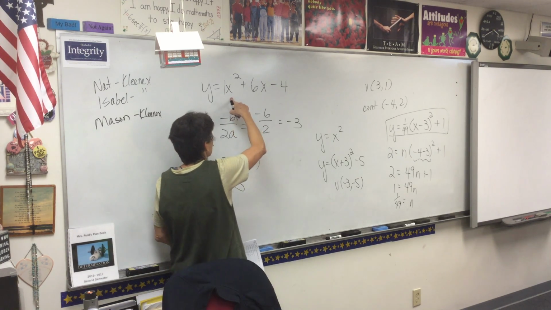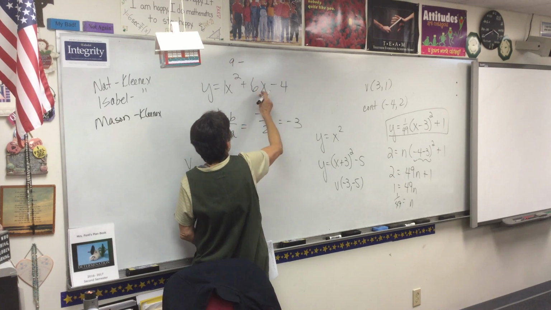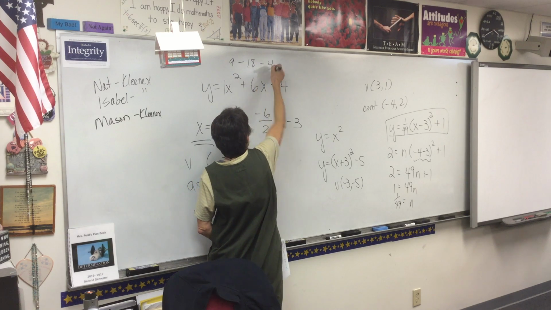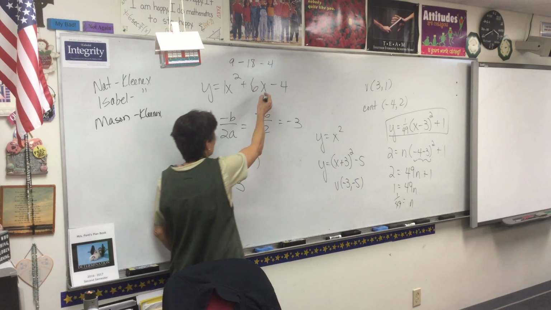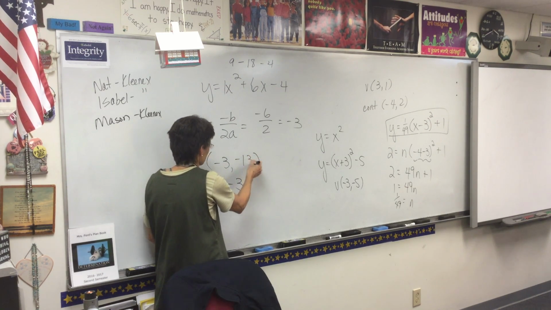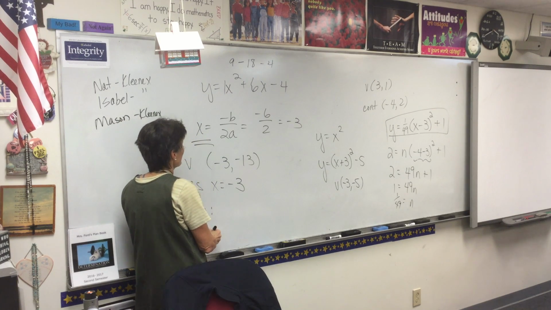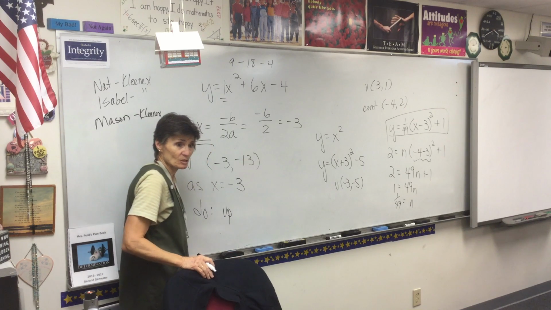So negative 3 squared is 9, minus 18, minus 4. I'm putting in negative 3. So what is that, negative 13? And which way do I open? Up, because that's a positive x squared.